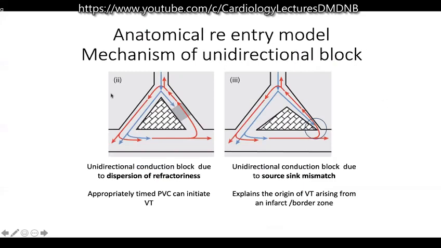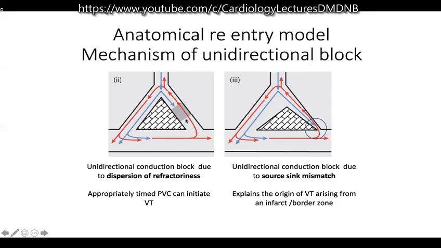I've put this in a nutshell in this picture. Here the dark gray block is the conduction block, or an anatomical block. The blue impulse has come down and divided into two, but it got blocked here, whereas this one has conducted this way and come around.